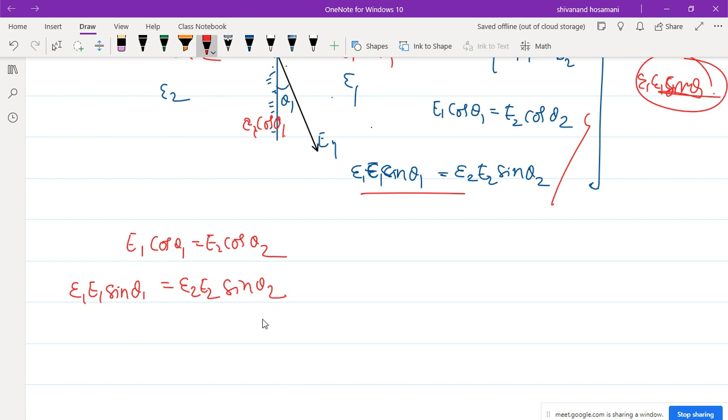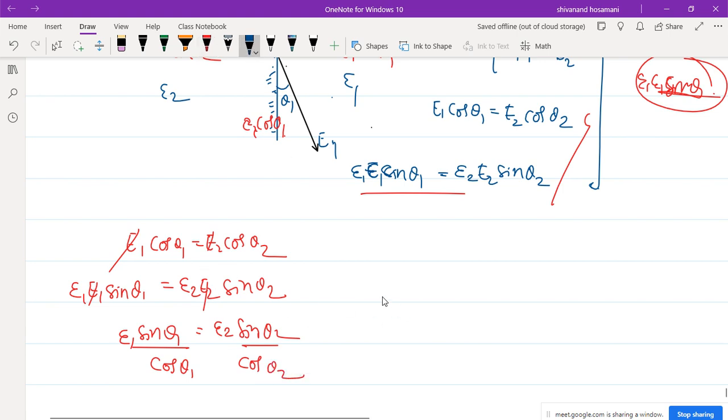Divide the two equations, second one by first one. This cancels and this cancels. Therefore epsilon 1 sin theta 1 divided by cos theta 1 is equal to epsilon 2 sin theta 2 divided by cos theta 2.